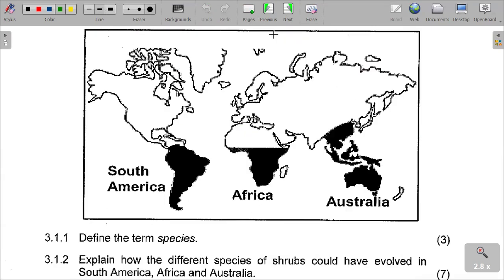Just quickly, I have the last one. Let's just get the last part. Define the term species.